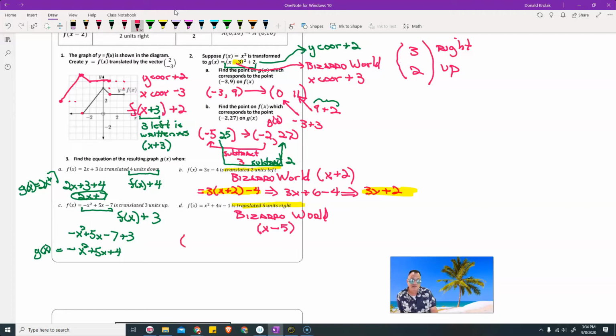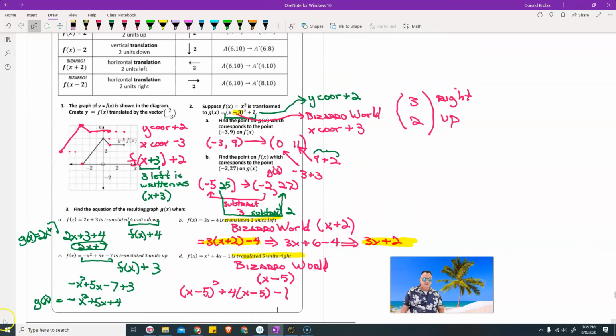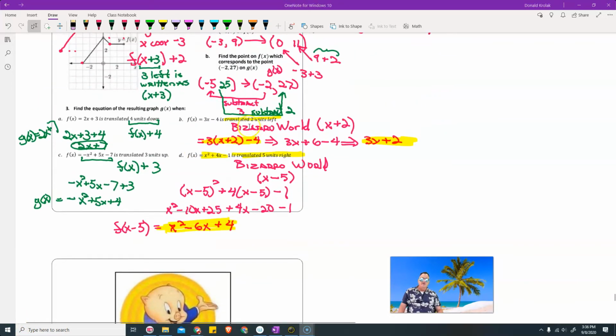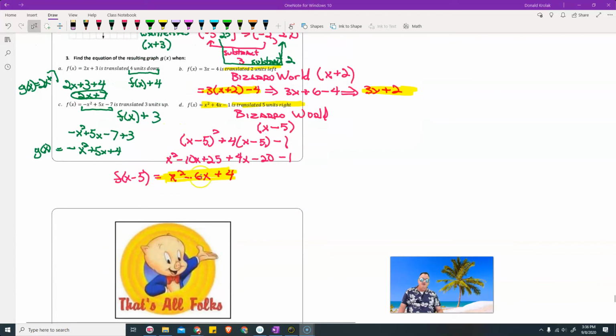So wherever I see an x, I'm going to put in x minus 5. And when you're doing this on Math Excel, you don't have to simplify it. You can just leave it like that. Or if I wanted to, I could simplify that whole thing. And there it is written out if you had to go further. 5 right is really written as x minus 5. So I substituted that in for every instance of x.